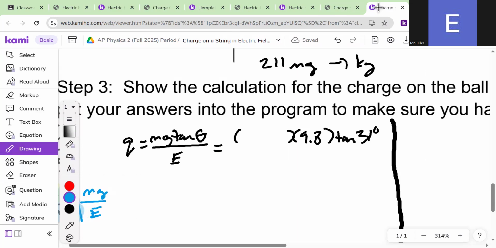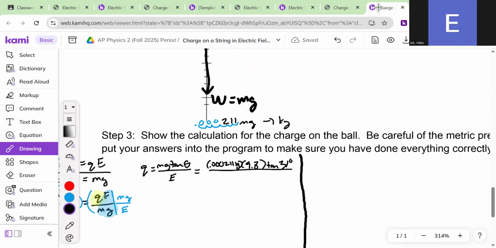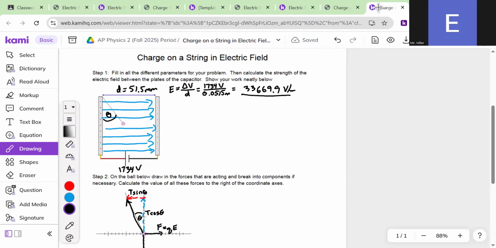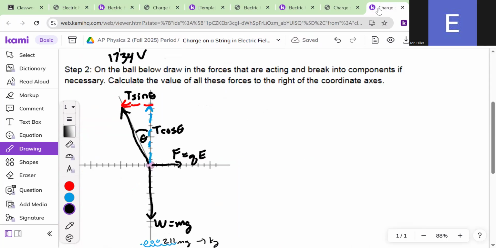That means you have to move the decimal 1, 2, 3, 4, 5, 6 times in order to get that into kilograms. So it's 0.000211 kilograms. All that's divided by the electric field I found in the beginning, 33,669.